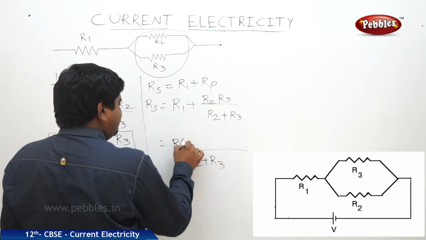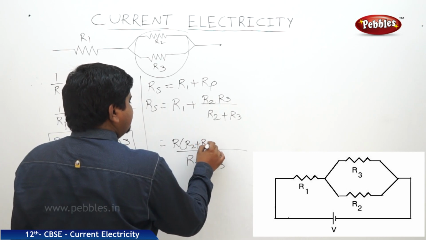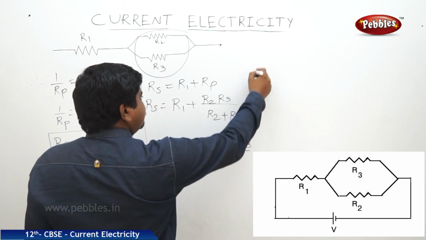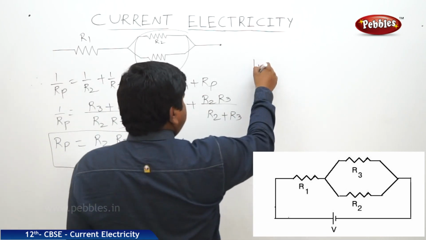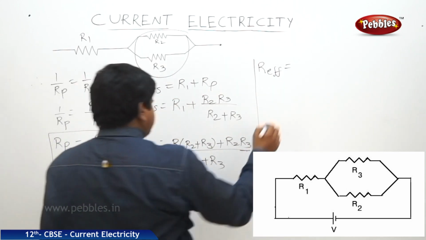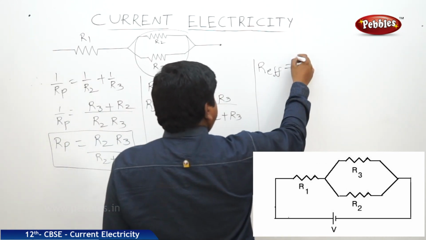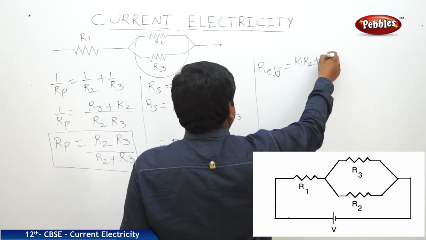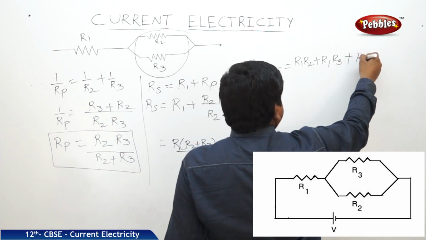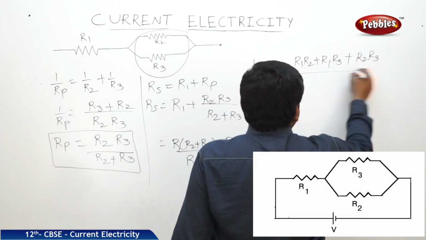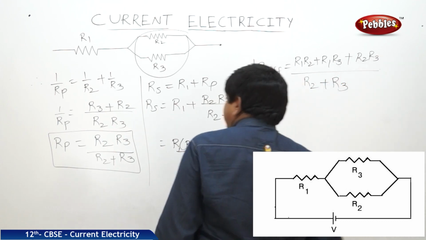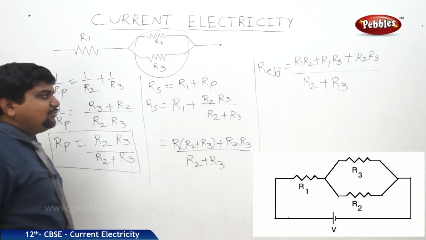So, it is R1 into R2 plus R3, and this is R2 R3. Therefore, R effective is equal to R1 R2 plus R1 R3 plus R2 R3 by R2 plus R3. This is the effective resistance of this type of combination.